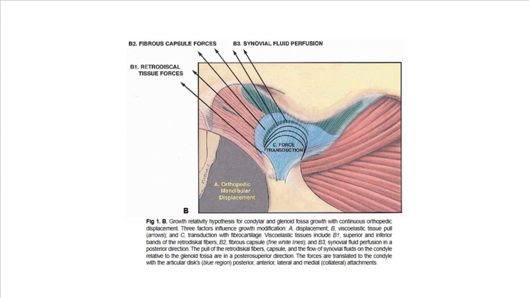So the main concept is that because of some functional demand, there are certain changes affecting the condyle. If this is a condyle and some amount of mandibular displacement has happened, in this case an anterior displacement, there is a stretch in the retrodiscal tissue, the fibrous capsular forces, and the synovial fluid that is perfused over this stretch of musculature.